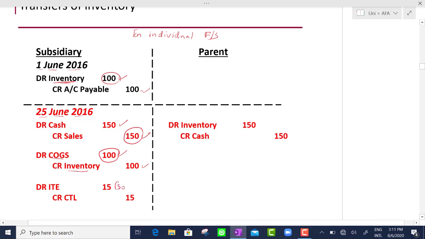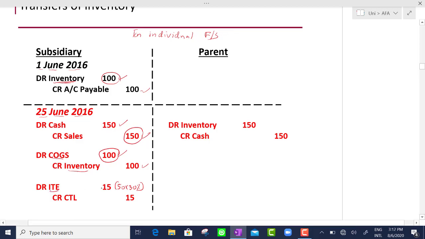If you generate a profit, on the profit you have to pay taxes. 50 profit multiplied by tax rate 30%, the subsidiary company recognizes the income tax expense.